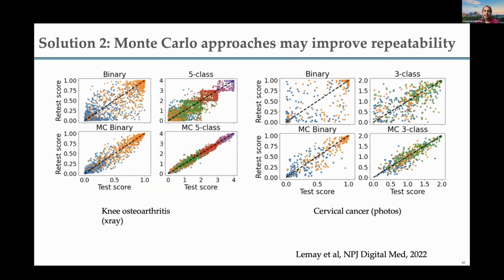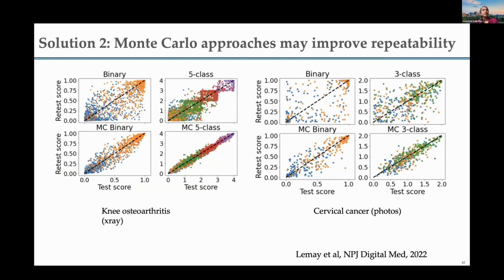In our case here, we looked at cervical cancer as well as knee osteoarthritis, for both a binary as well as a multi-class problem. We can show that with this notion of ensembling, through a Bayesian Monte Carlo approach, we get much improved repeatability.